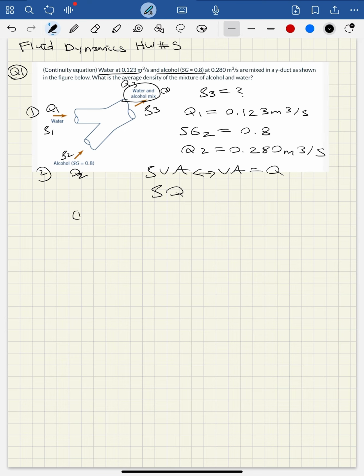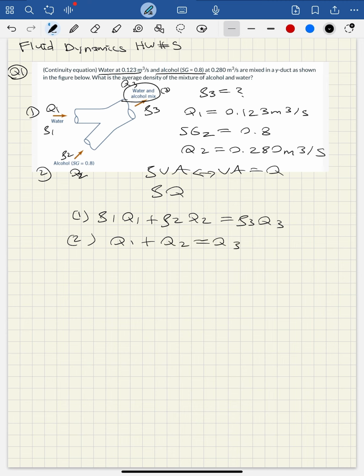Our first equation is density 1, flow rate 1, plus density 2, flow rate 2, equal to density 3, flow rate 3. Then we're going to take the continuity equation, and remember this is for the steady flow in fluids. That's just the summation of the volumetric flow rates, which is Q1 plus Q2, and that's going to equal Q3, right?